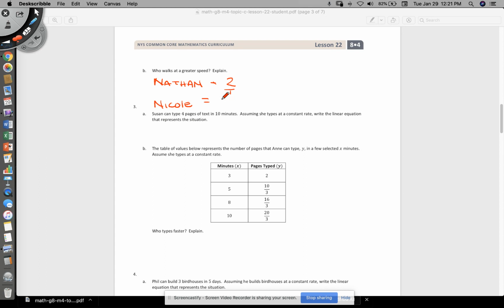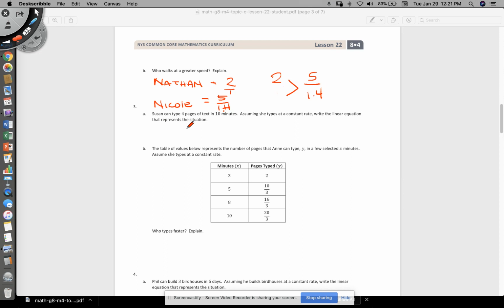Her rate is 5 to 1.4. So we're going to compare 2 to 1 versus 5 to 1.4. Now I'm going to make this a little easier because you don't need to have this 1 underneath here. I'm going to erase that. That's 2 whole versus a fraction. So right away, Nathan is bigger. Nathan has a faster rate because he's a whole value versus a fractional value.